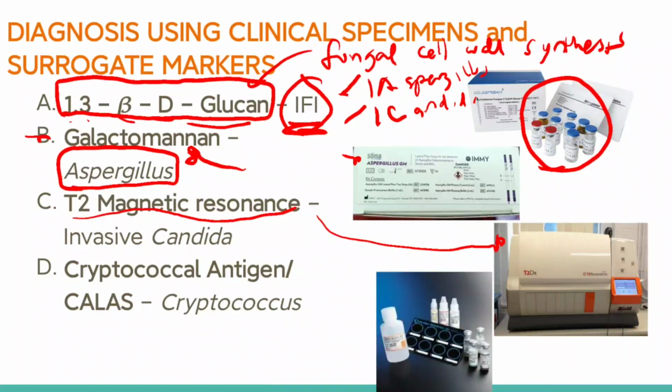Specifically sa mycology, candidemia meaning sa presence ng invasive candida sa blood ng pasyente. Okay? And lastly, we have the cryptococcal antigen latex agglutination system or yung CALAS. This is for your Cryptococcus. So, ayan. Okay? Serological test lang siya.